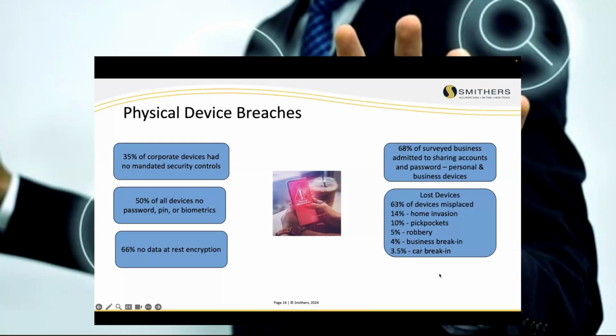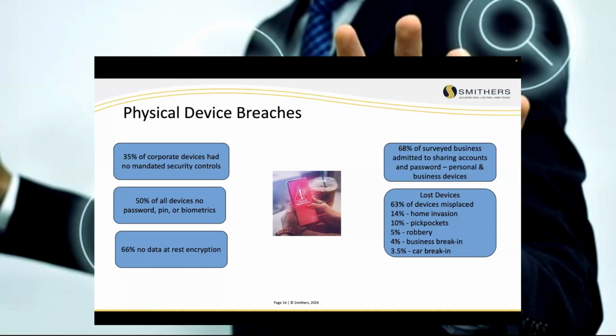Now, how many devices get lost? Well, here are the results from 2023 and 2022. 63% of all the lost devices were misplaced by somebody. I've had the privilege of having 5 children, and I've bought 4 phones for, I left my phone on the bus or the airplane, or I don't remember where I left it, but it got lost. So about 63% are misplaced.